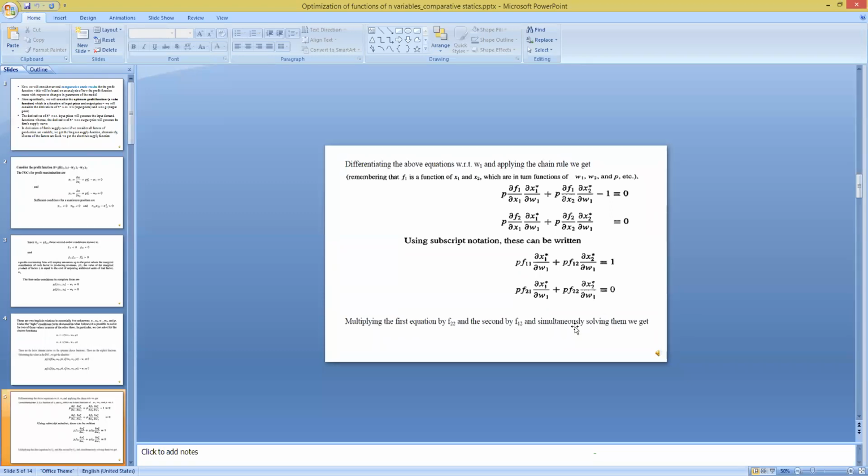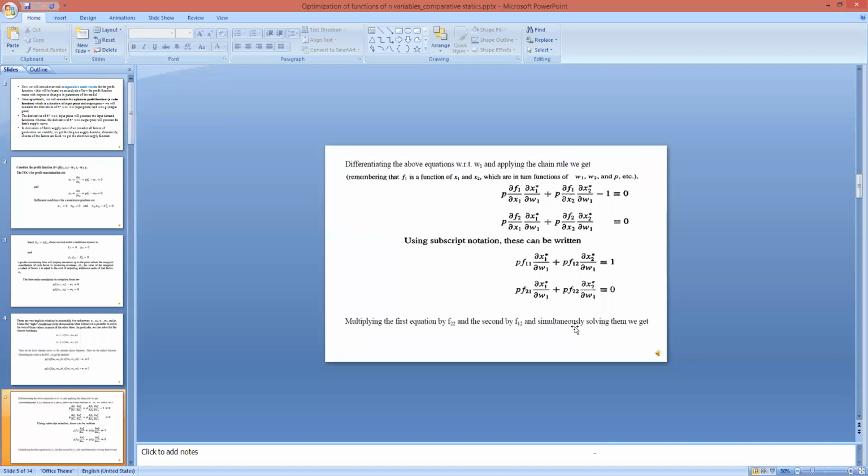So actually our objective is to find out what is happening to our input demand function if the price of the input changes, or what we will have for our input demand function if the price of a related input changes, or finally what will be the change in our input demand function if the output price changes.